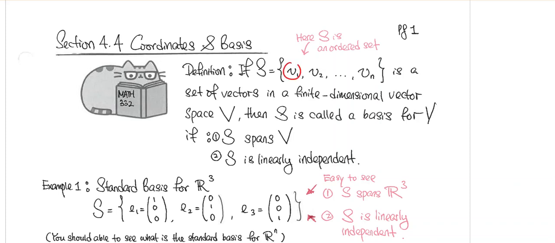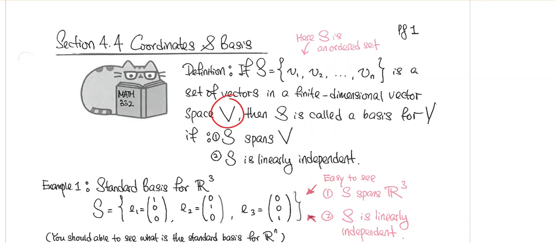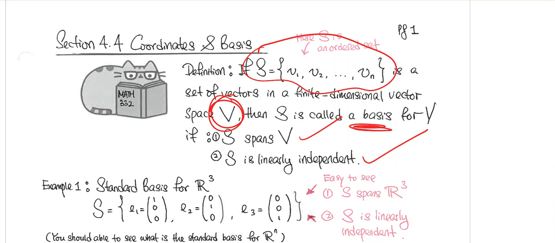Assuming you have n vectors in a set, if these vectors span the vector space V and they are linearly independent, then they are special because they can reach every element in V, and there's no redundancy. Therefore, we give them a special name: we say that this collection of vectors is known as a basis, because as you will see later on, a basis is not unique.